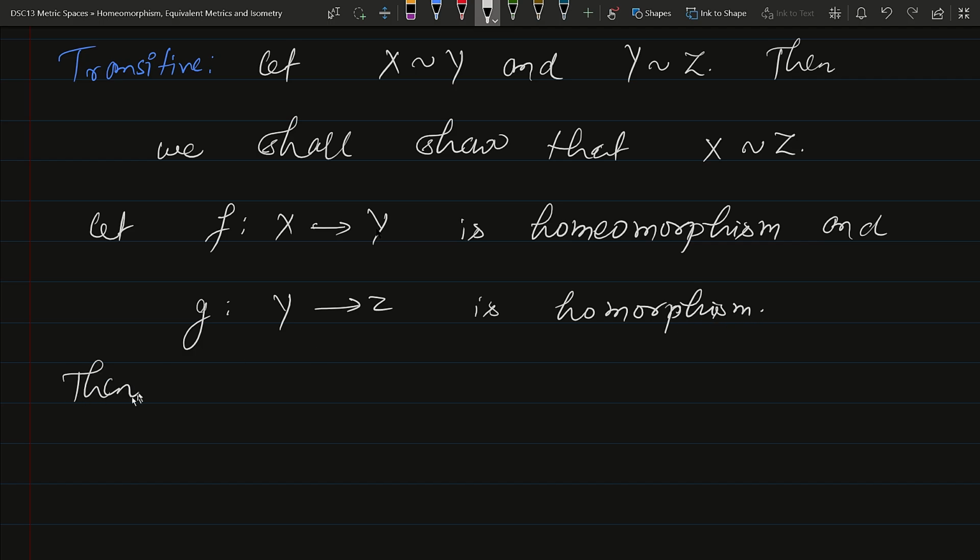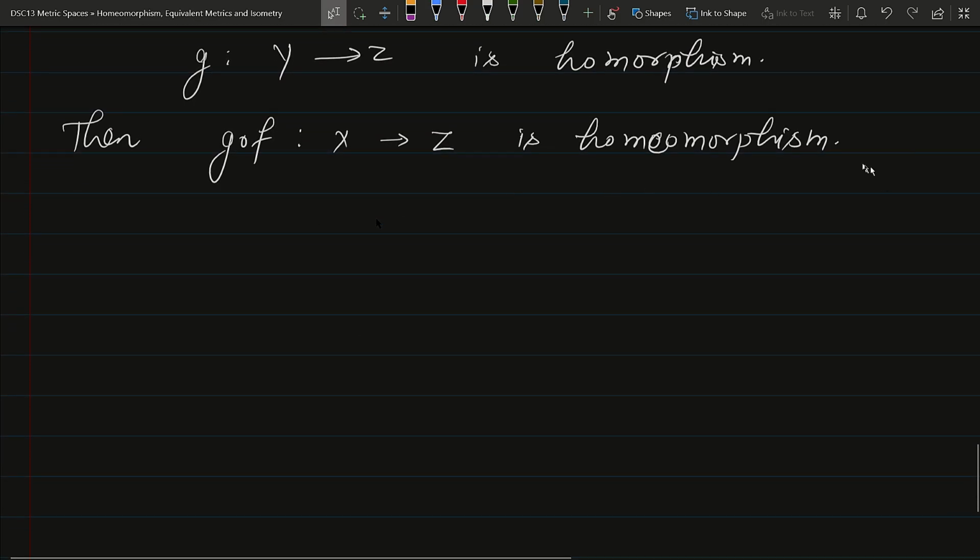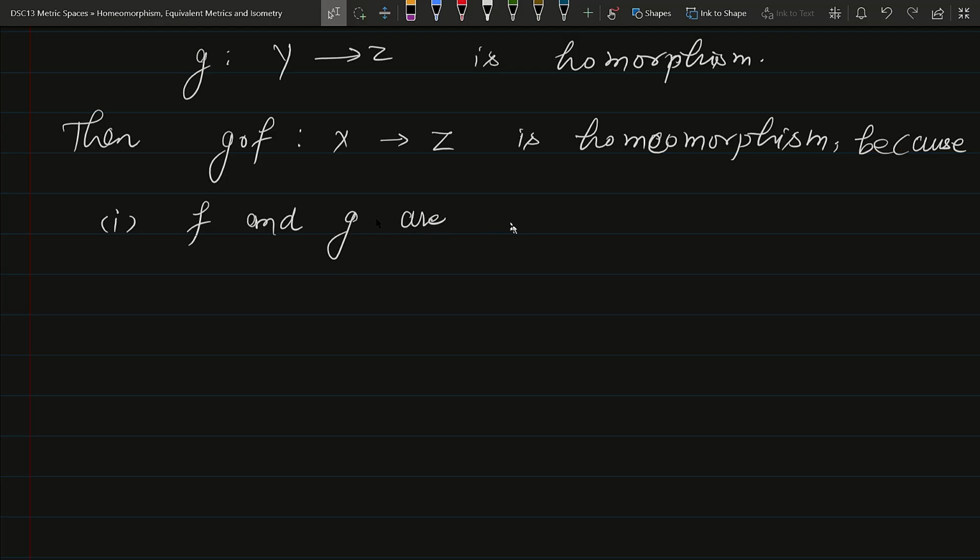Then we define Z of, the composition of Z and f, which is of course a function from X to Z, is a homeomorphism. ओके, अब हम ये शो करेंगे कि होमोमॉर्फिज्म कैसे. तो फर्स्ट ऑफ ऑल, because f and Z are one-one and onto, or precisely you can say this is a bijection.